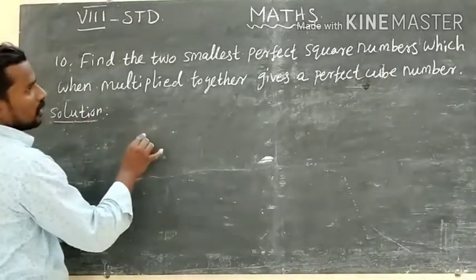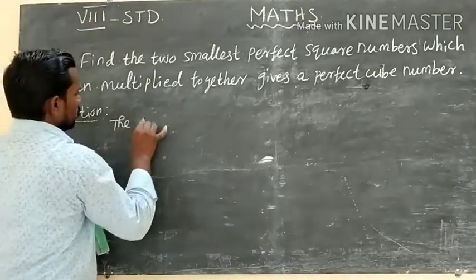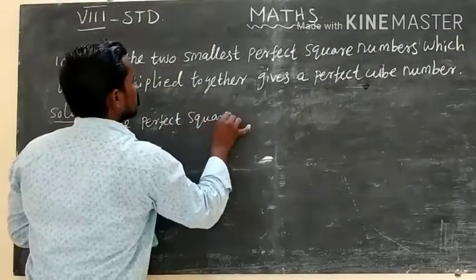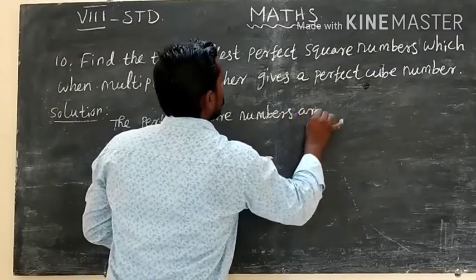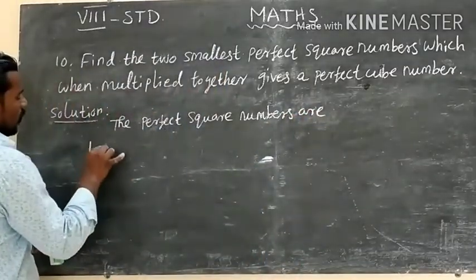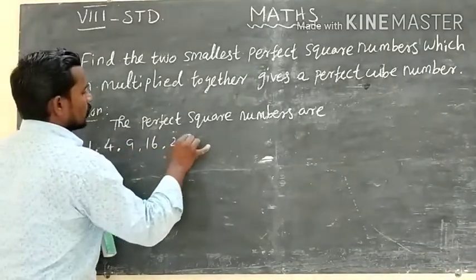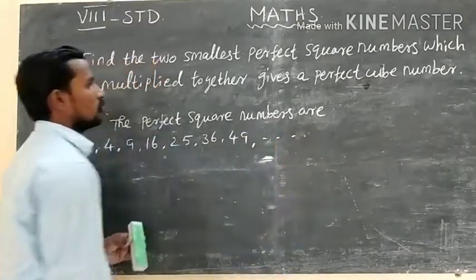The perfect square numbers are 1, 4, 9, 16, 25, 36, 49, and so on.